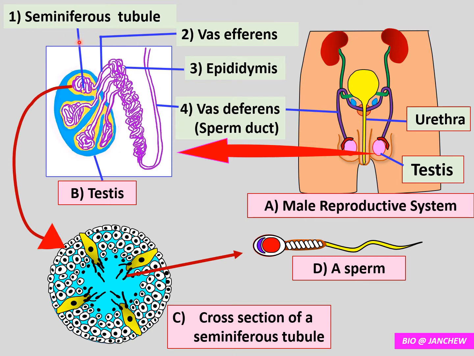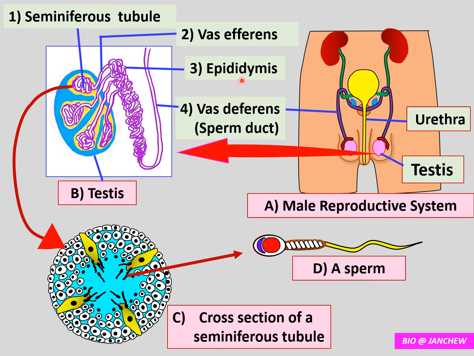It is in these seminiferous tubules that the sperms are formed, through spermatogenesis. After the sperms are formed, they'll be moved through the vas efferentia to the epididymis, where they are stored and where they mature.